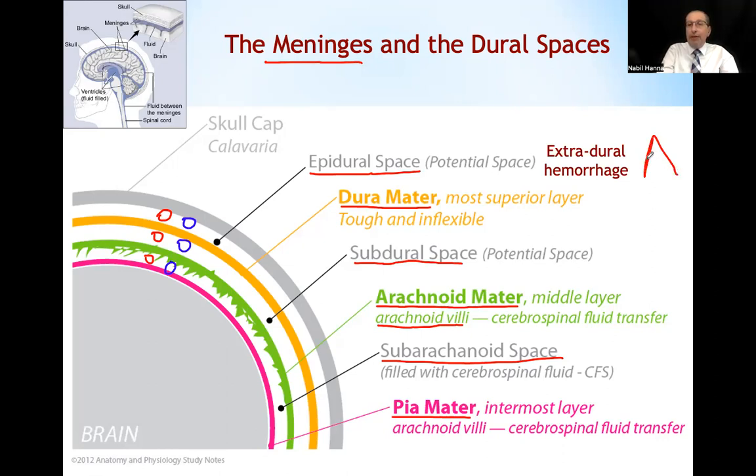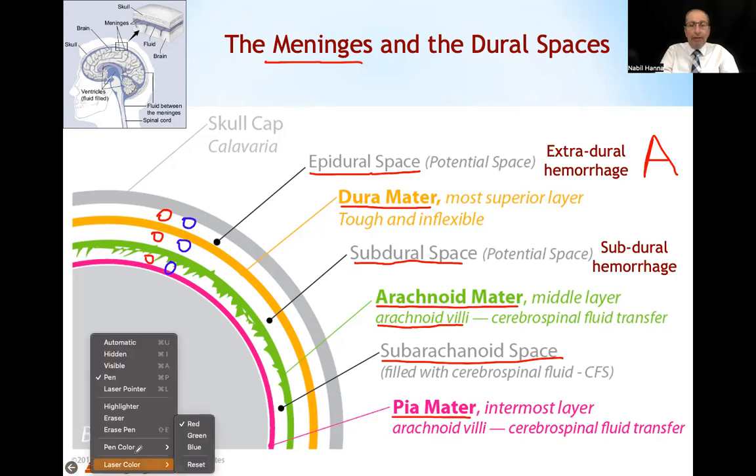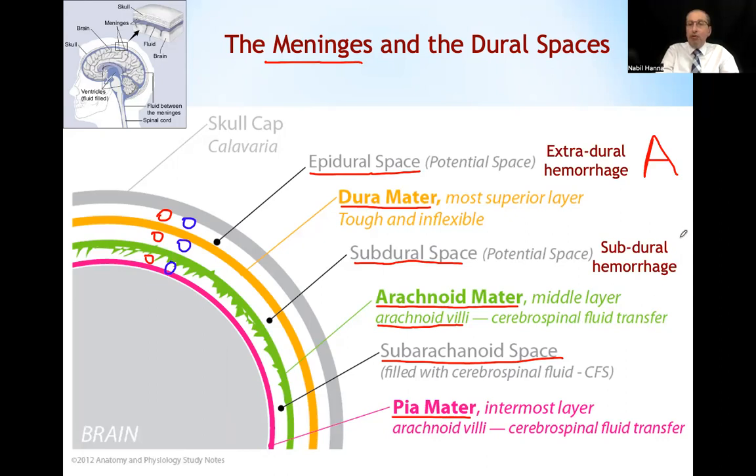By the same token, if a blood vessel in the subdural space is injured, we get subdural hemorrhage. Again, subdural hemorrhage can happen as a result of arterial bleeding or venous bleeding, but most of the time, subdural hemorrhage results from venous bleeding. What about the subarachnoid space that has CSF, arteries, and veins?